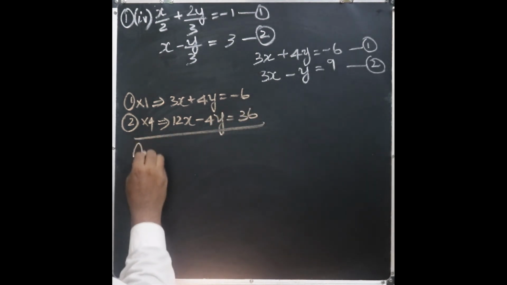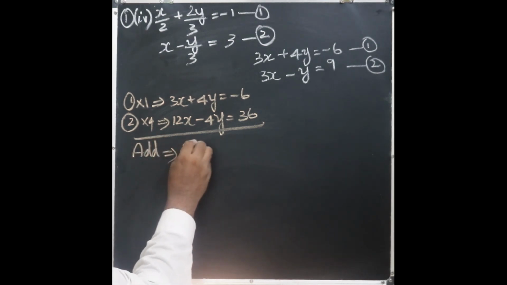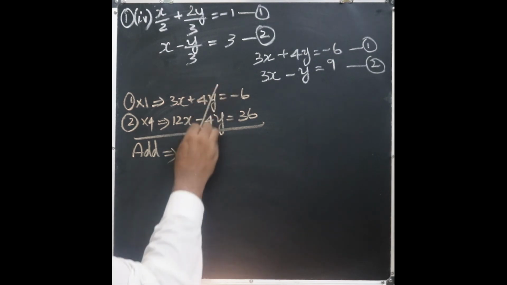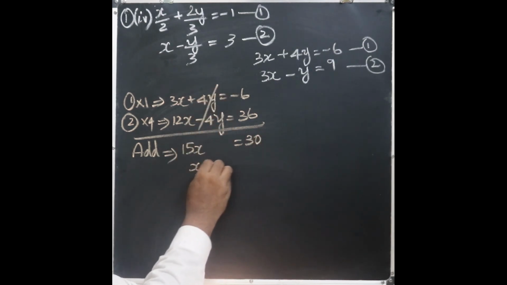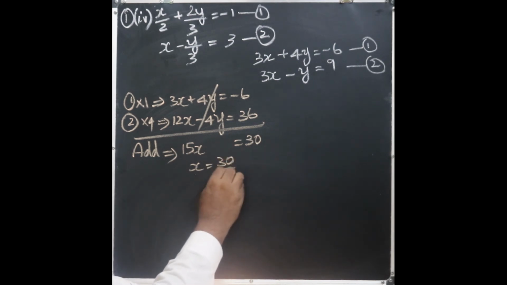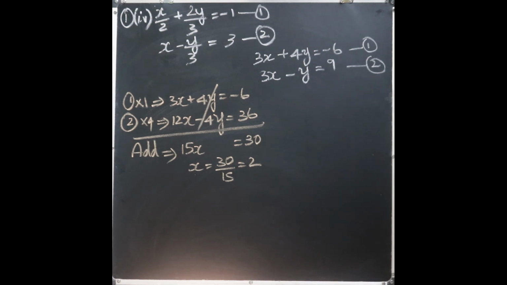Now when you are adding, you will get 15x, this will get cancelled, equal to 30. So your x value is going to be 30 divided by 15, that is equal to 2. Now we have found our x value. We are going to substitute in any one of the equations to find y value.